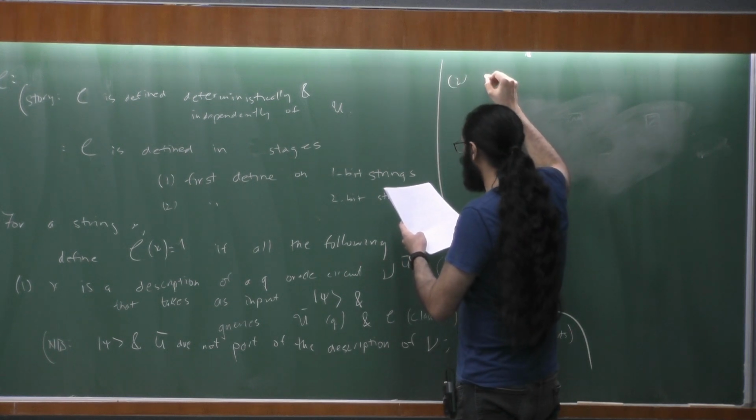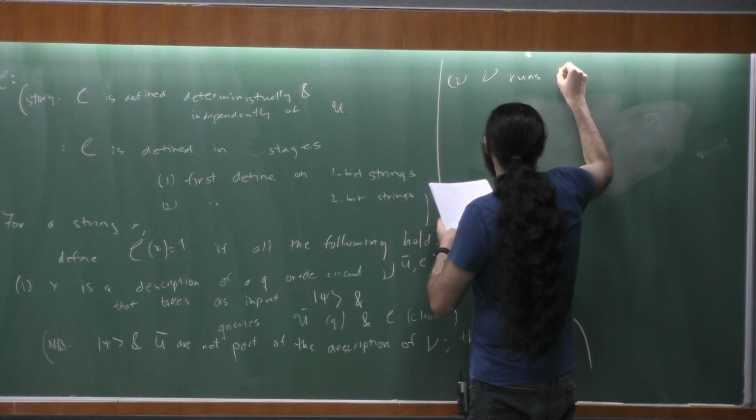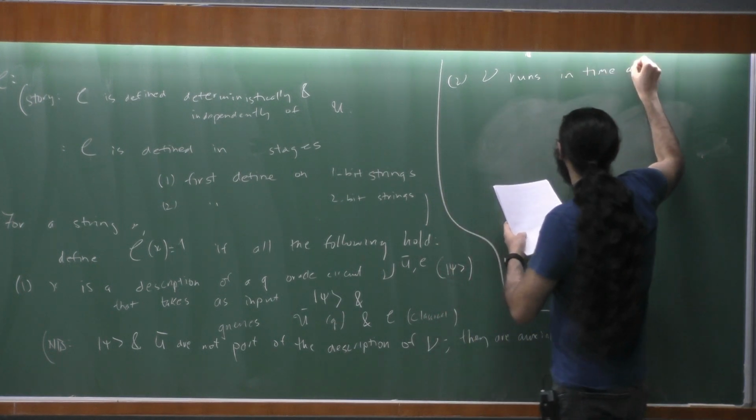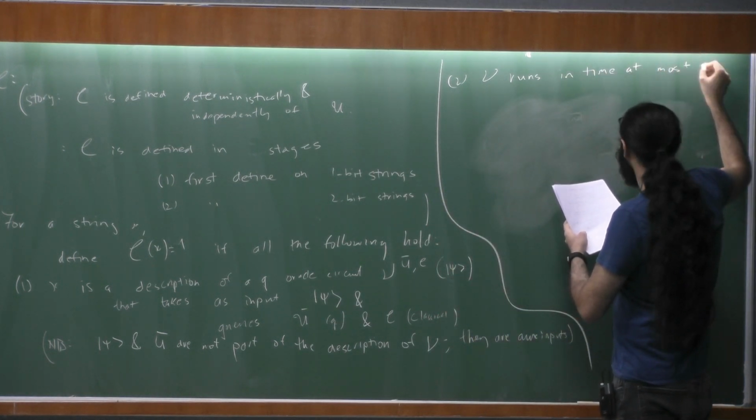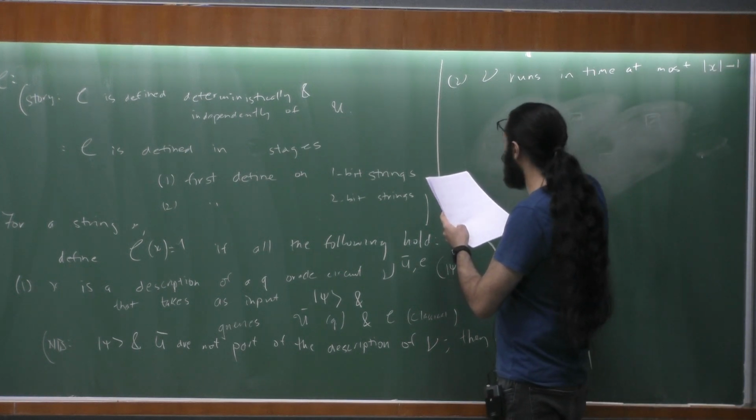The second point is V runs in time at most a polynomial bound.